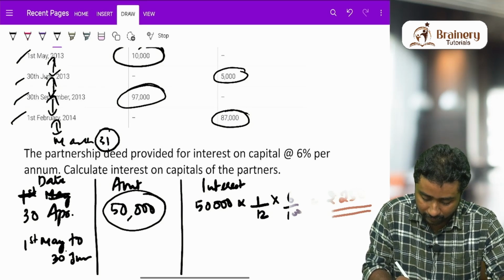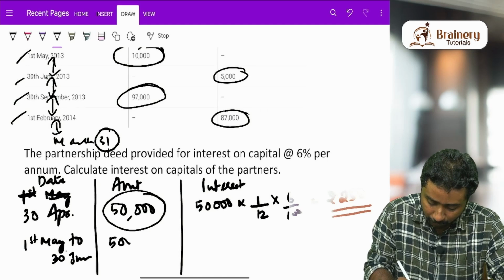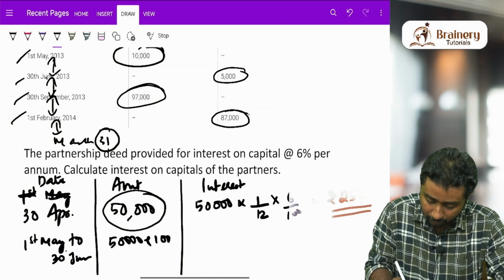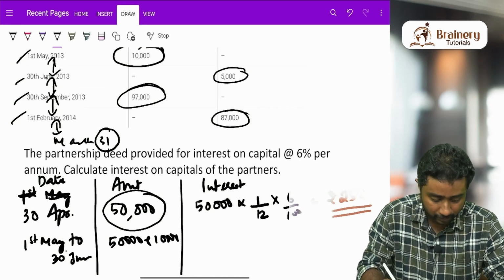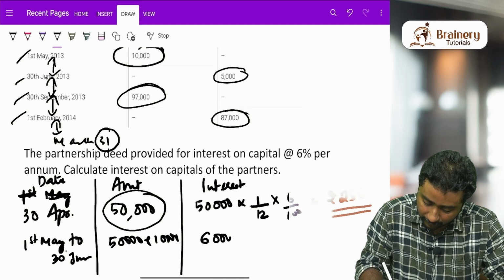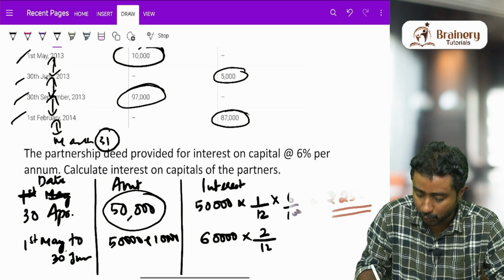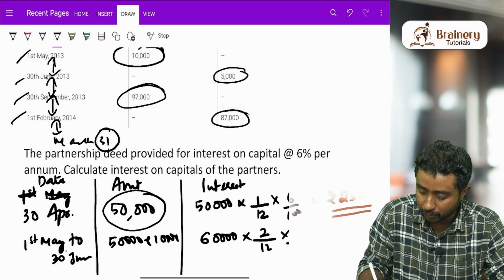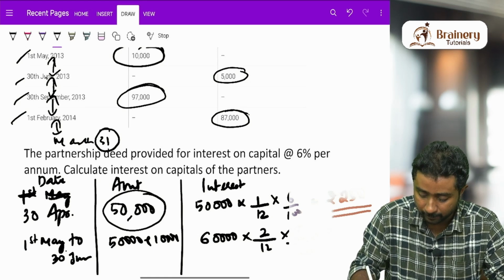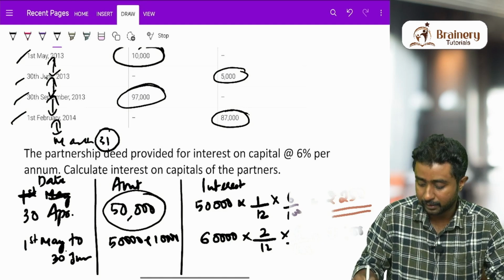So how much amount is there now? This 50,000 will become how much? They have added one more 10,000, right? So 50,000 will become 60,000. So 60,000 into how much? Before it was 1 by 12, now it will be 2 by 12, because we are calculating 2 months' interest, into 6 by 100. So how much will you get? Of course, 600 you will get.